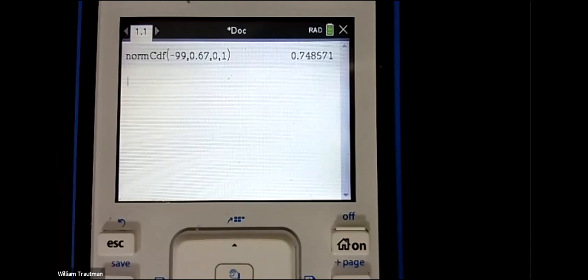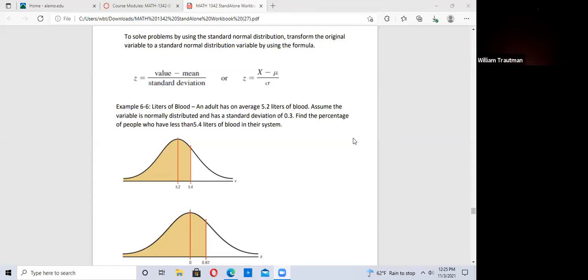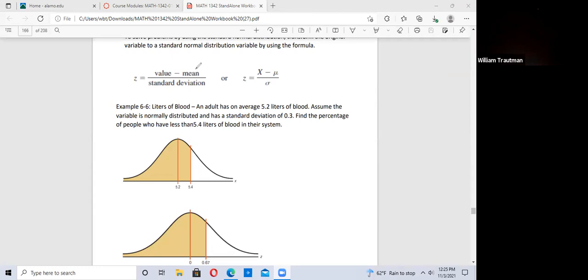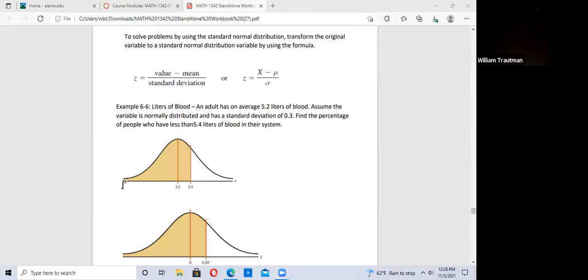Okay, so let me just recap what we just did. Left side, the Z value was -99.